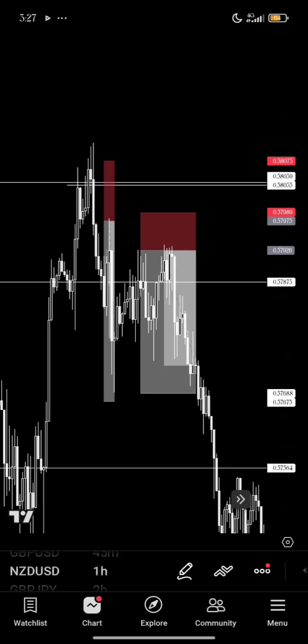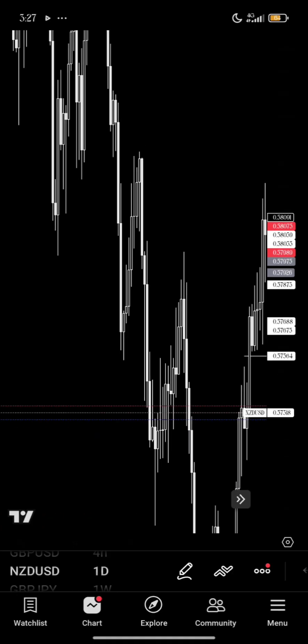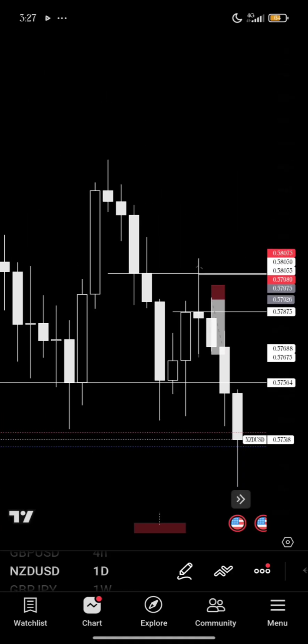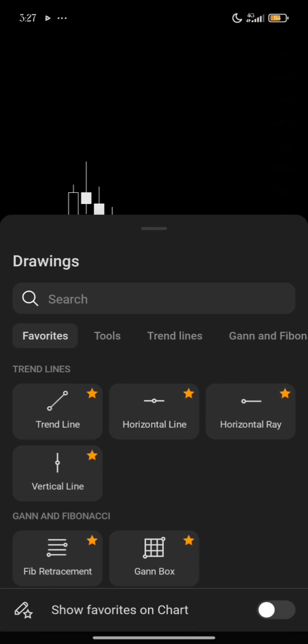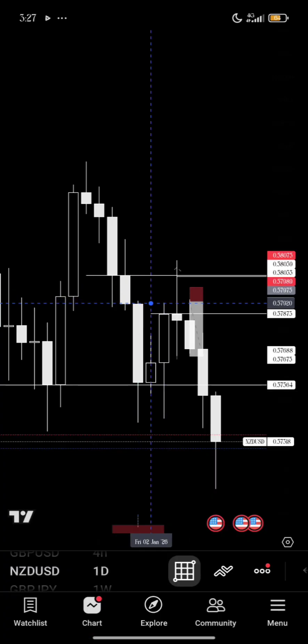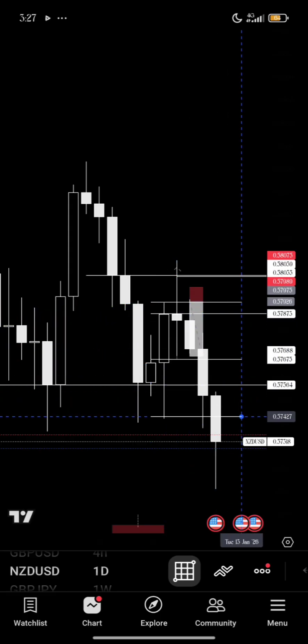You could target almost everything because normally the CRT works with you trying to check the first candle, 50%, if it has tested the 50%. So if you're trying to draw this, I'm using the Gann box.